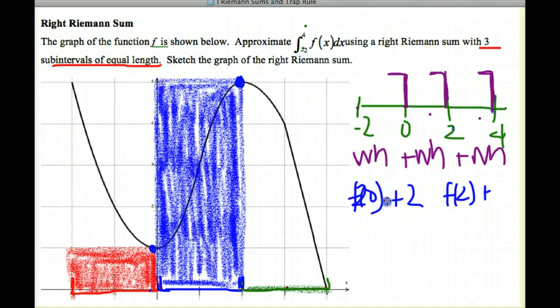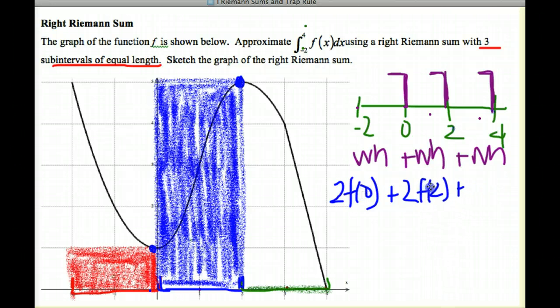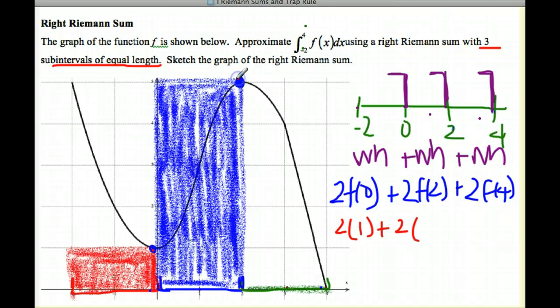Let me scoot all of this over. Move that 2, move this. We see we get 2 times, the last one is f of 4. So I use the graph to solve these, and I get 2 times f of 0 is 1, plus 2 times f of 2 is 5, plus 2 times f of 4 is 0.